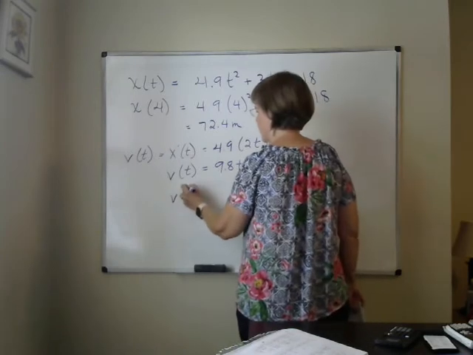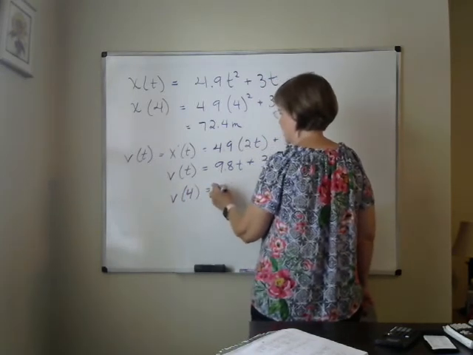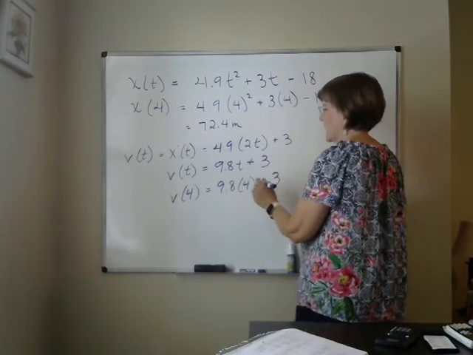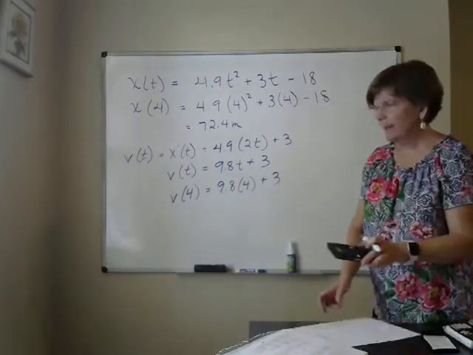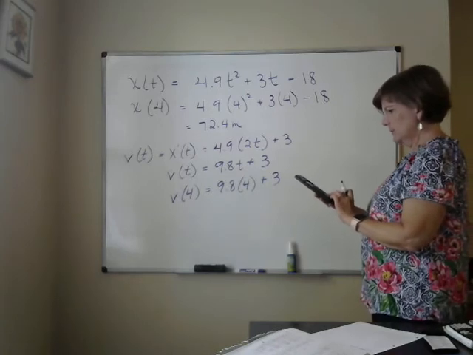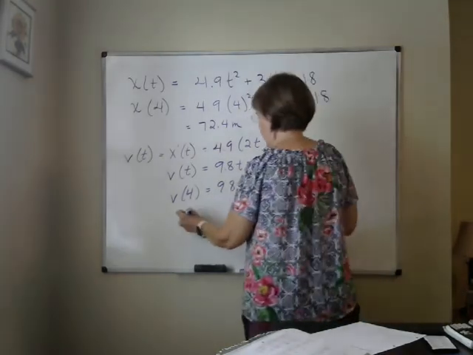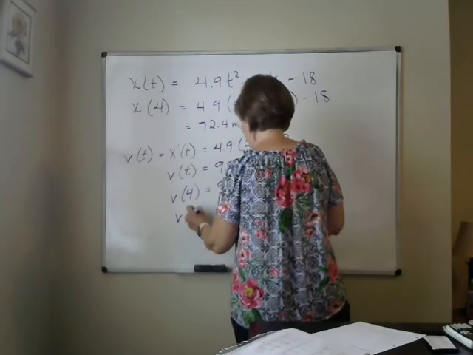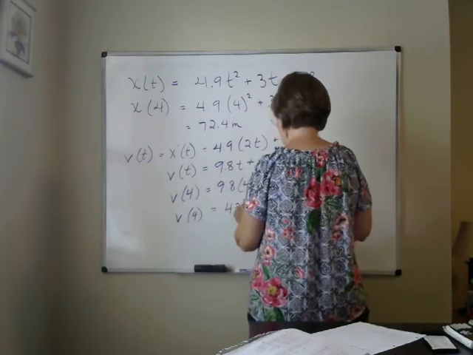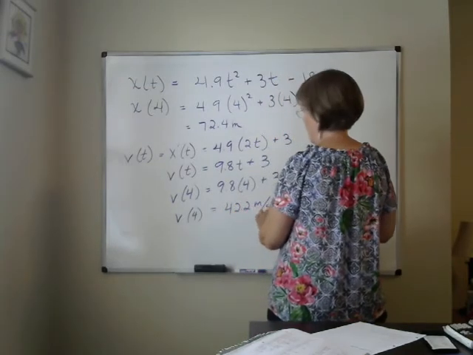If I want to find the velocity at 4 seconds, I would plug that in. Again, I can get out a calculator to help me figure out quickly what is 9.8 times 4 plus 3, and I get 42.2. That's going to be in meters per second.